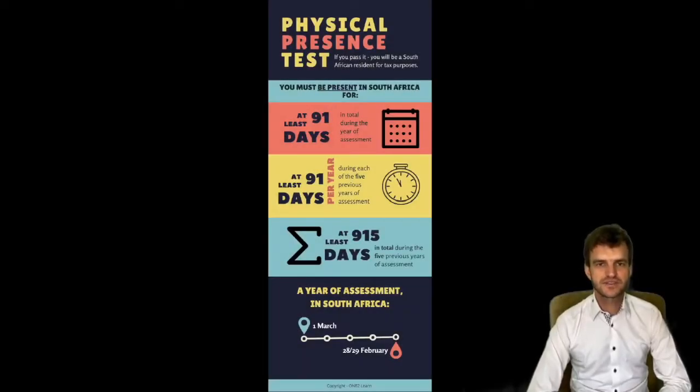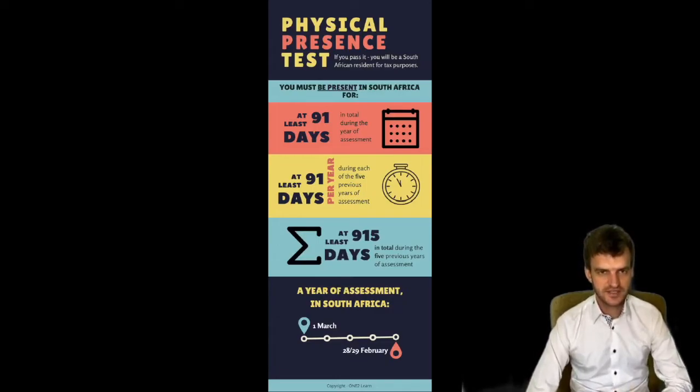The physical presence test is the second way that you can be seen as a tax resident in South Africa. As you can see on this graphic on the screen, it is more of a mechanical test. There's no gray area with this test. Either you satisfy it or not.